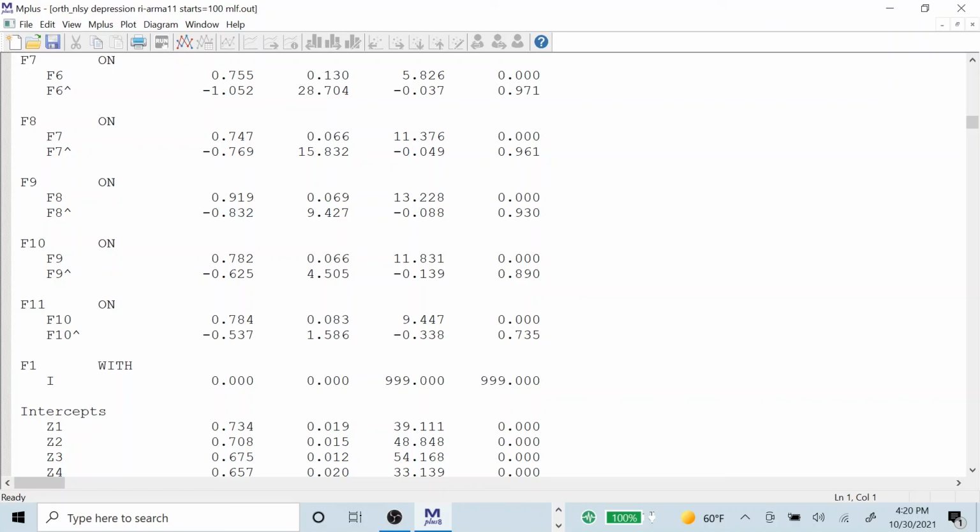I would say though that if you had T equal 11 with everybody or many people or most people having all 11 time points, I would bet that the model 10 RI-ARMA model would win and would be the best model. But here, thanks to so much missing data, we have to settle for a simpler model than that.